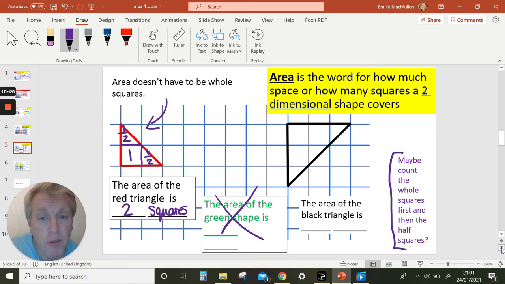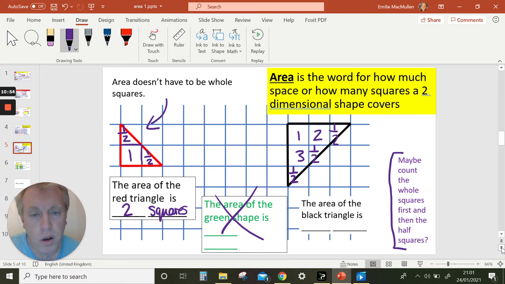The area of the black triangle, right. We've got to count the whole squares. Well, there's 1 whole square, 2 whole squares, 3 whole squares. That's all the whole squares. 3 wholes and a half, another half, and another half. Well, a half and a half is another whole. That's 1.